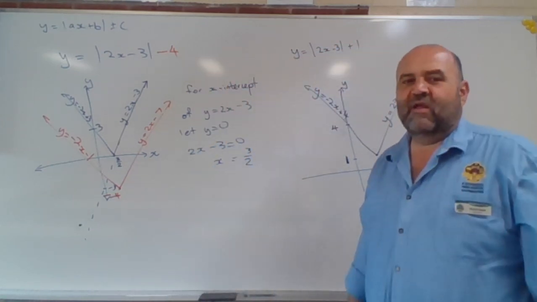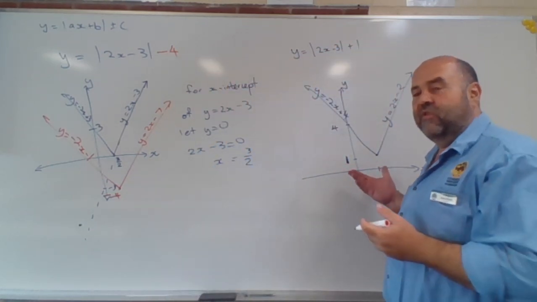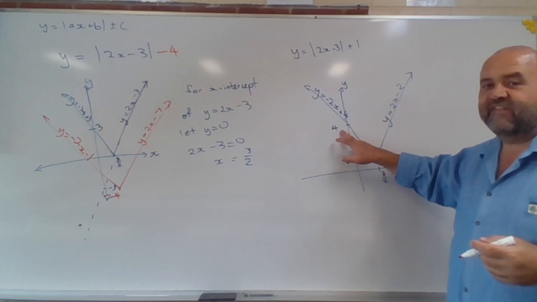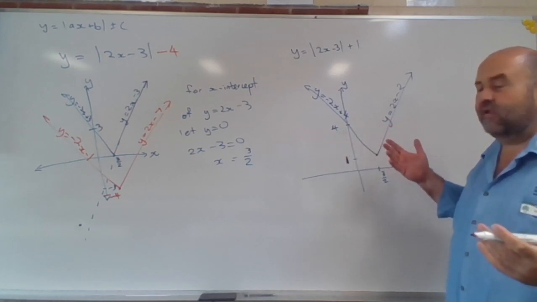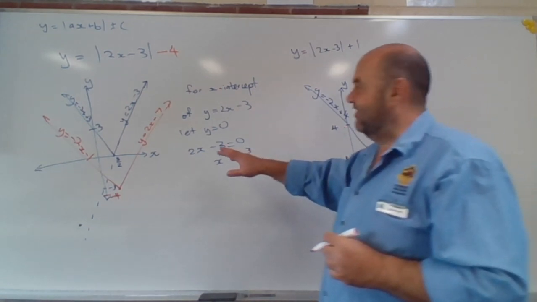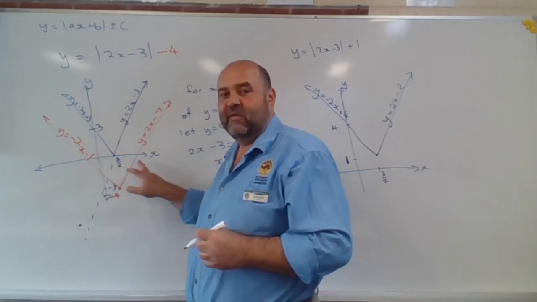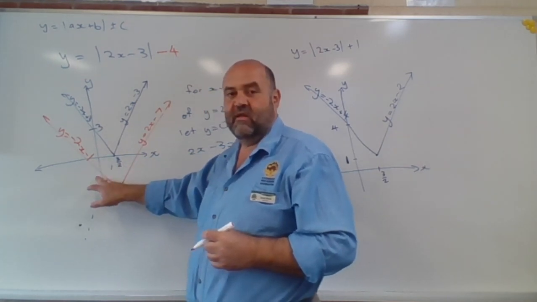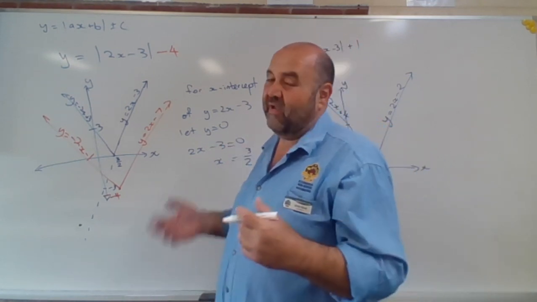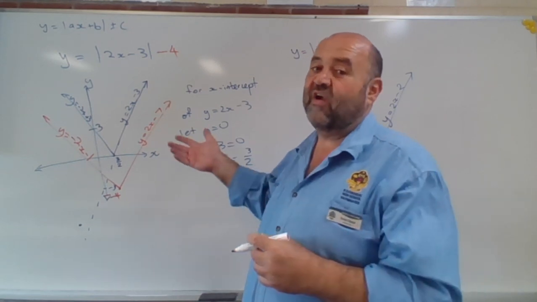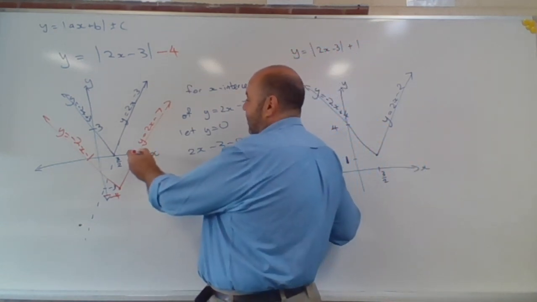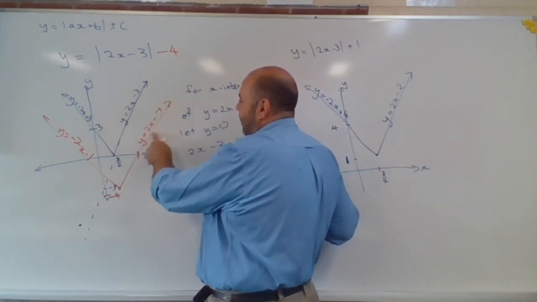Okay. Now, there's a couple of more features. In this example over here, the only feature that we had was where the graph cuts the y-axis. The only interaction it has with any of the axes is this intercept over here. But look, in this case, this red graph now has 2 x-intercepts and a y-intercept. Finding them is some pretty simple algebra, really. And I'd recommend starting with the graphs like we have and then doing the algebra to find out where the intercepts are.